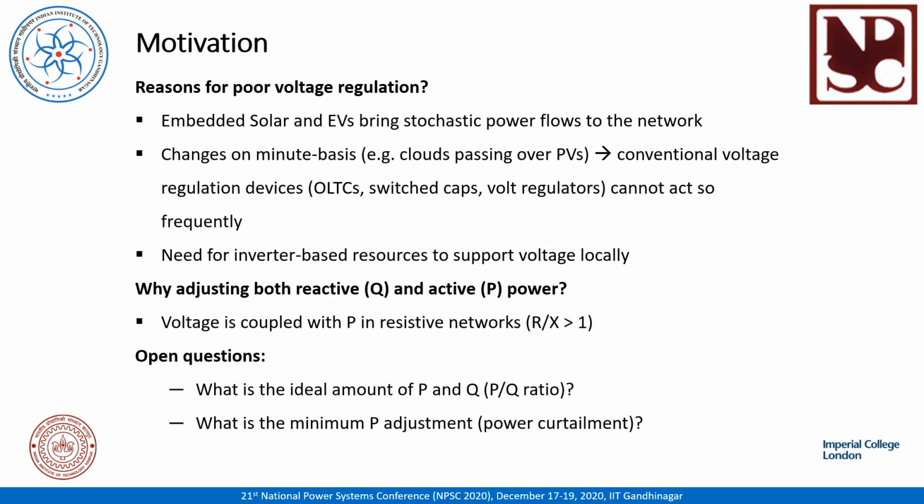So, what are the reasons behind the poor voltage regulation in the grid system? The power flow in the modern grid is becoming stochastic in nature with the proliferation of PV inverters and electric vehicles. Also, the intermittent nature of the active power production by the PV inverter because of the cloud dynamics, and the slow response time of the conventional voltage regulators like on-load tap changing transformers, switched capacitors and voltage regulators make the voltage poor.